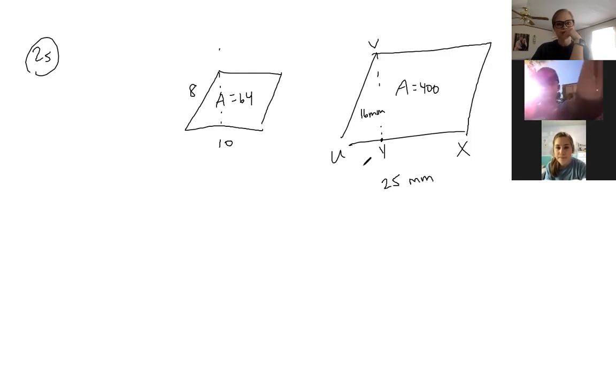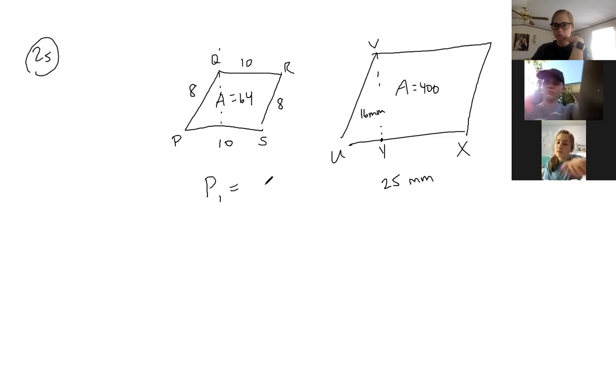Well, let's go over here to the first one. What is this length right here? What is QR? 10. Yeah, because opposite sides of a parallelogram are congruent. What about RS then? 8. It would be 8. So what is the perimeter of this first parallelogram?